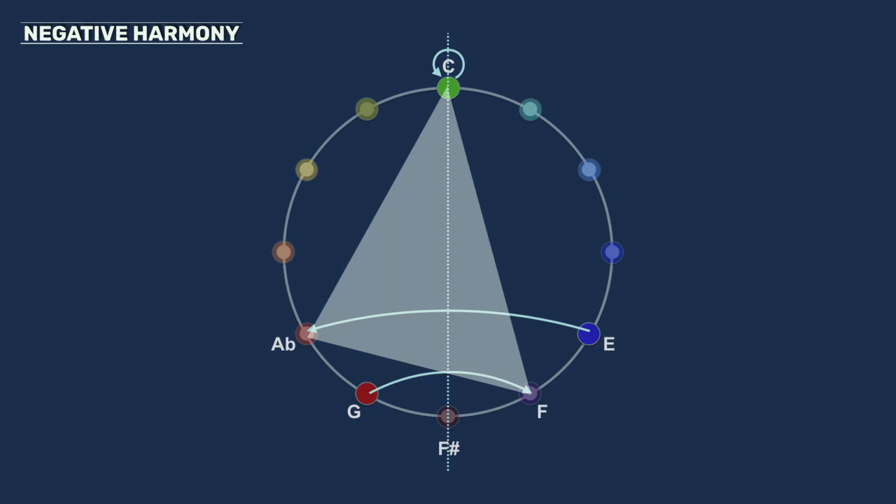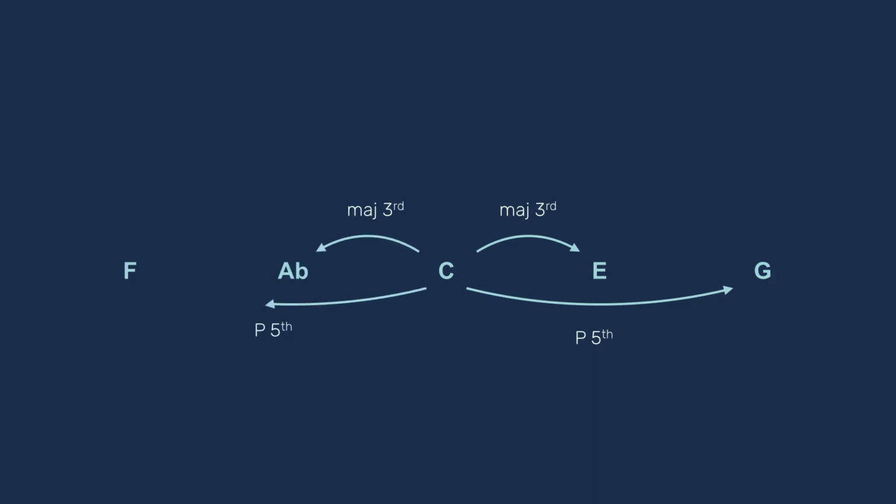Now, the intervallic inversion is obtained by flipping the shape around an axis. Let's represent this in a different way. The intervallic inversion is obtained by going the same distances of the intervals that form the structure, but in the opposite direction. If in C major we have a major third and a perfect fifth above C, we have to go a major third and a perfect fifth from C downwards.